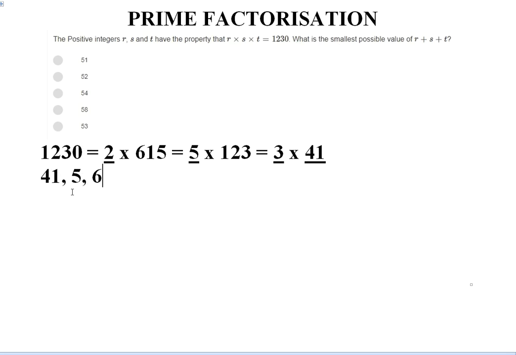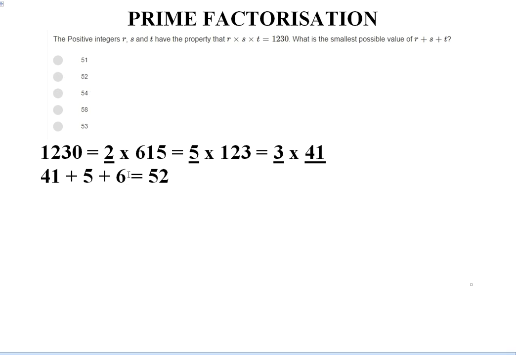And it adds up to the smallest possible value, which is 41 plus 5 plus 6 equals 52. Right, and that's the answer, 52.